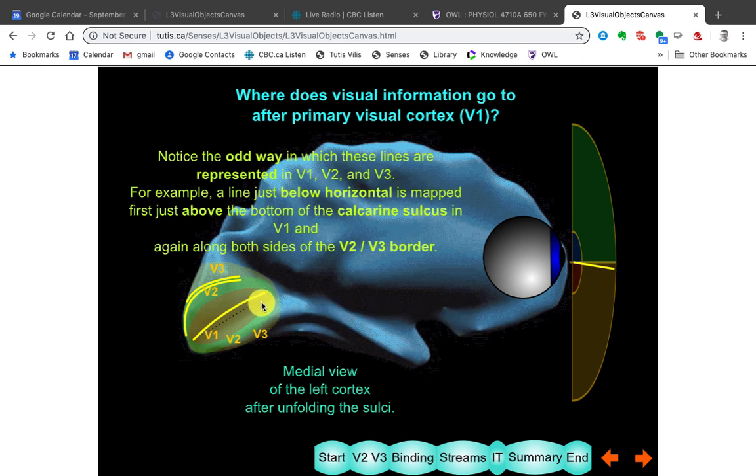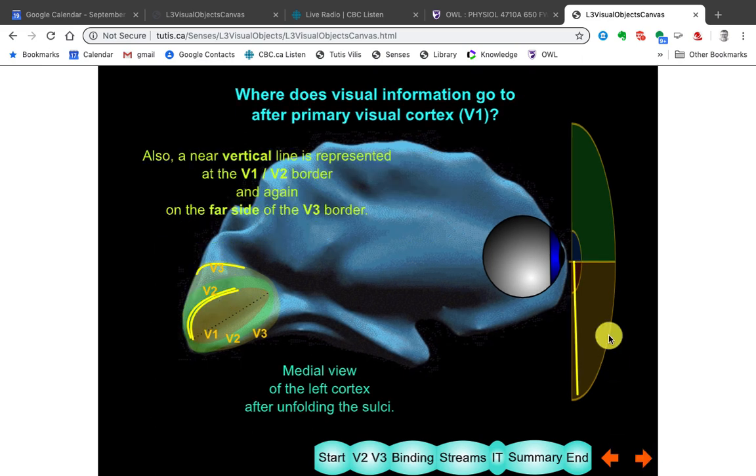And so if you look here, this line here in V1 is slightly above the calcarine. The same line is at the V2, V3 border. So it has this odd relationship.